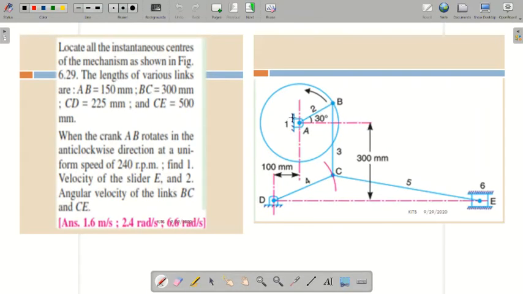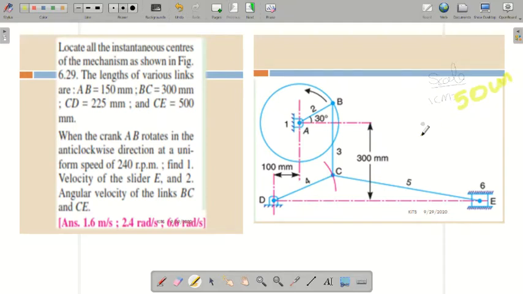So what you can do is choose a scale, and I'll write the scale also. 1 centimeter equals 50 units.